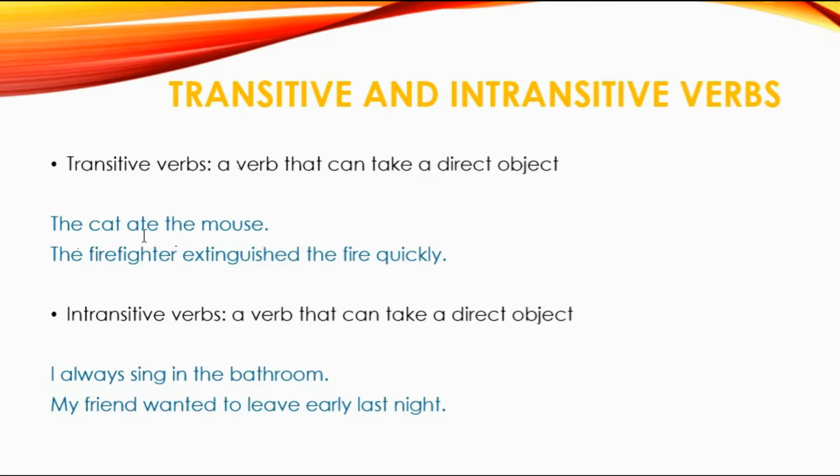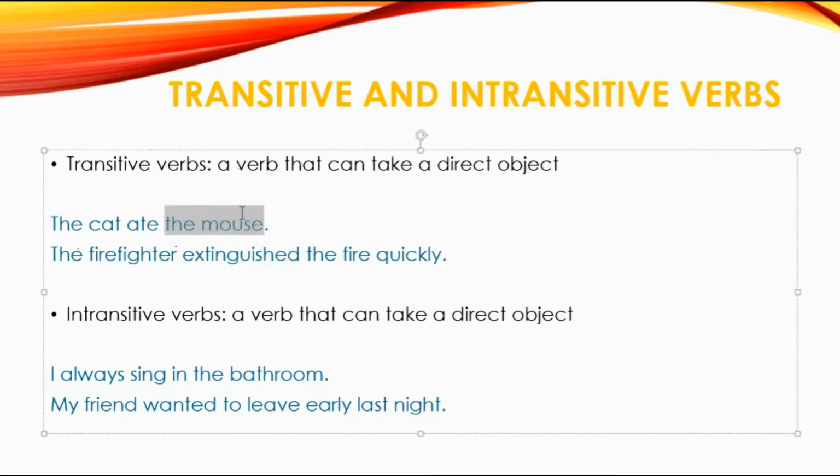The cat ate the mouse. The cat ate something, right? This is the object, the thing the cat ate. It takes the object pretty easily, the verb ate. Some verbs in the English language can change. Sometimes they are transitive, and sometimes they are intransitive. But you don't really need to know that part of it.